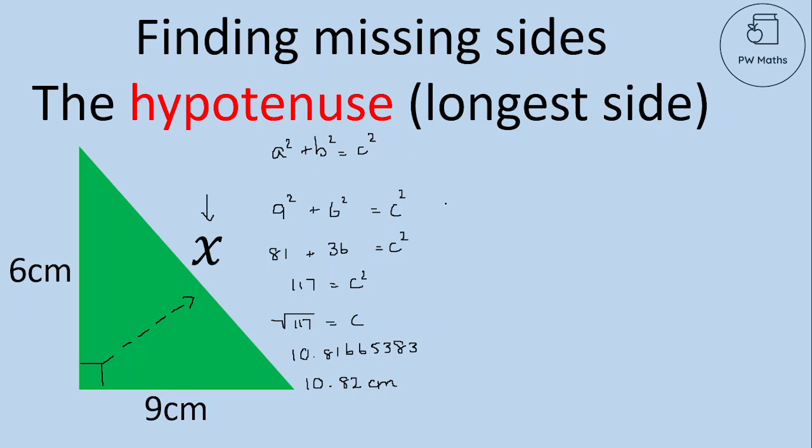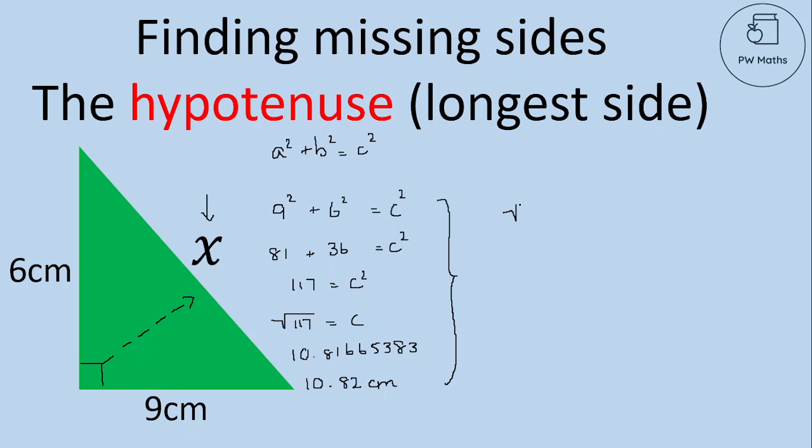Now, I find that this is a completely and utterly correct way of working out the longest side of a triangle using Pythagoras. But I do find this quite a long process. Students often make mistakes, such as not square rooting at the end and saying that the answer is 117, amongst other things. So I've found an easier way of doing this for me personally, so that I don't forget to square root at the end, is I square root at the beginning.